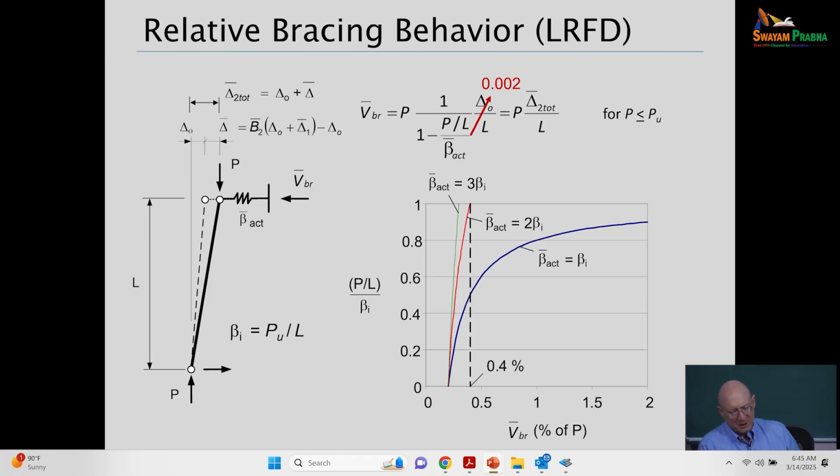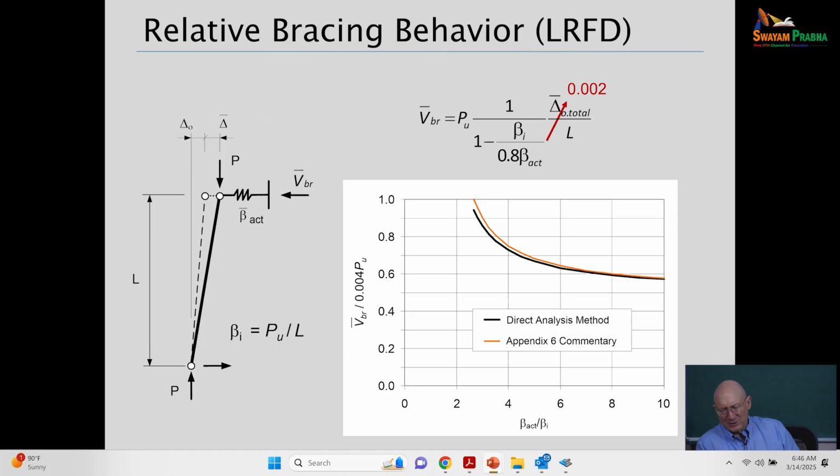We would fail the bracing before we can develop the column strength that we want if we had that situation. The typical target is 2 beta I, or 2 over 0.8 times 0.8 beta I, if you like. If we're larger than that, then the bracing force requirement is reduced.